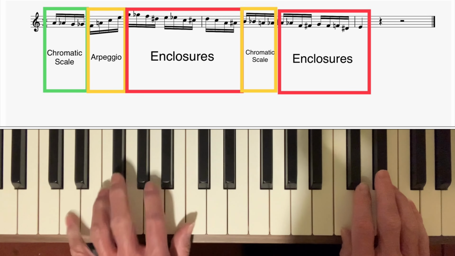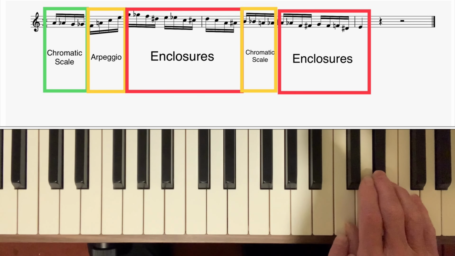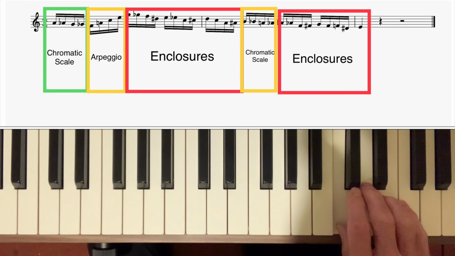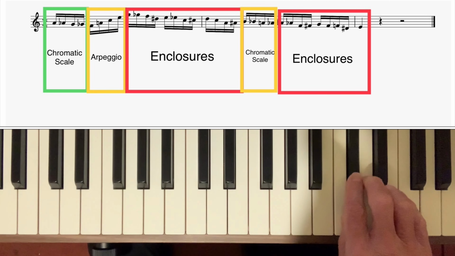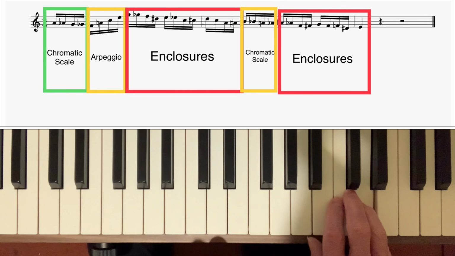So I did another enclosure. Once again, I went from the E down a semitone. I then went down to C, which is the diatonic note just below D, but then played a chromatic note before I went to the D, so that I landed on D on beat 1.